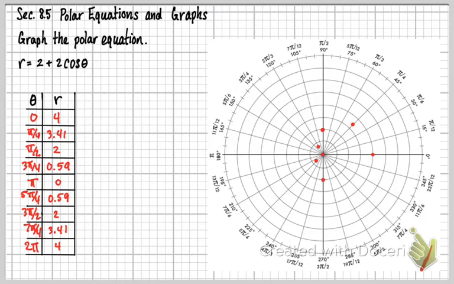And then at 7 pi fourths, which is here, that's going to be 3.41, so a little less than 4. Then I go back to 2 pi, and it's 4. So there it is. That's my picture.